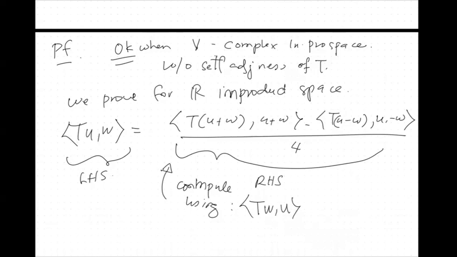WU, this inner product, is equal to W, TU, because it's self-adjoint.